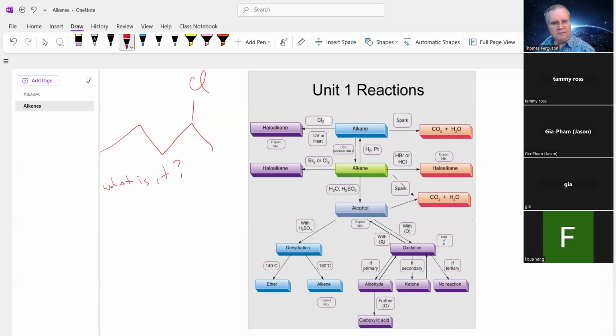Well, it's an alkane that's been chlorinated or halogenated. Okay. That's this guy here or this guy. And how did we get here? Well, we got here from either an alkane or an alkene. So there's two ways to make this. Does everyone see how we ended up?